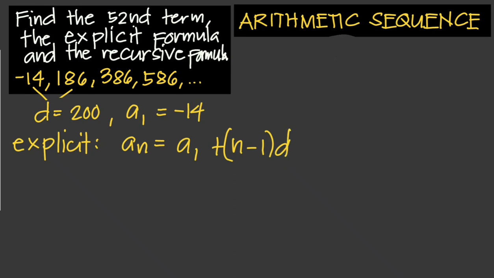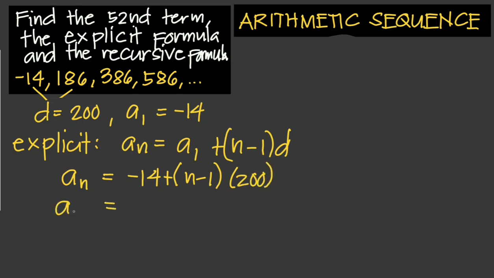So we just plug in our a sub 1 and d here. So a sub n equals negative 14 plus n minus 1 times 200.